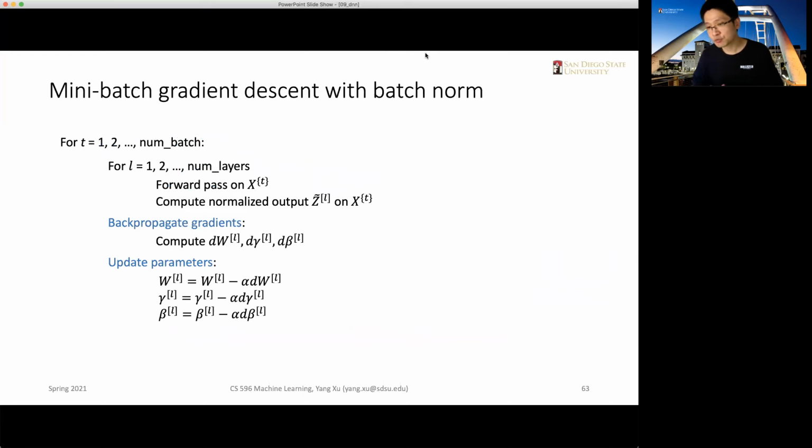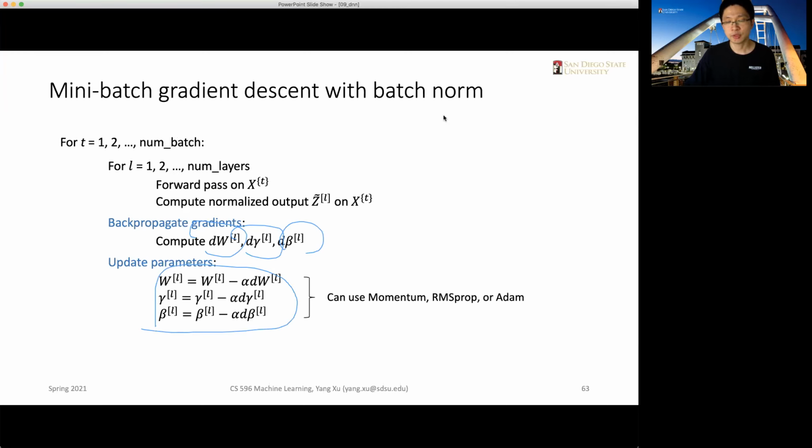So now our network is modified by having gamma and beta as new parameters. But the training stage is more or less the same. With batch norm, we basically need to compute the gradients of W, dW, d gamma, and d beta, and update those parameters during the update stage.